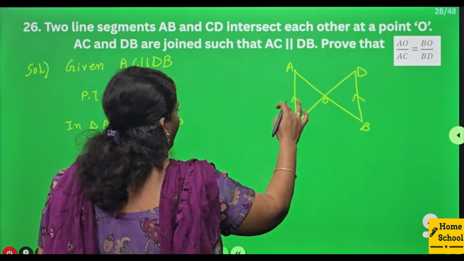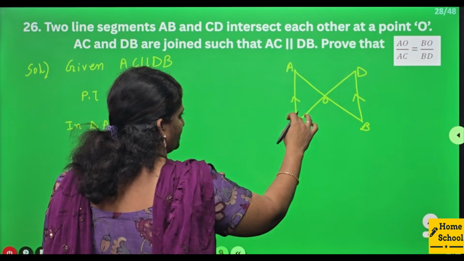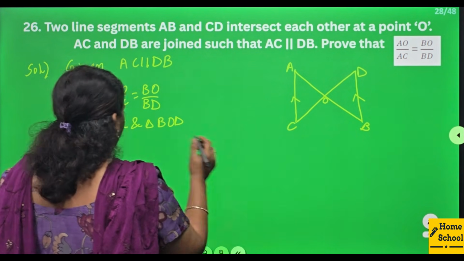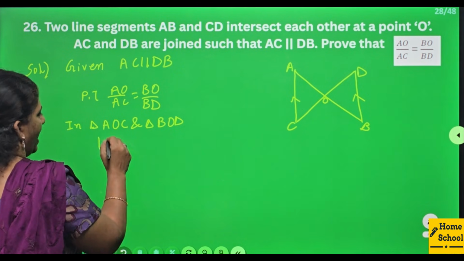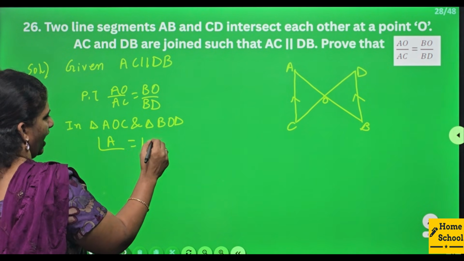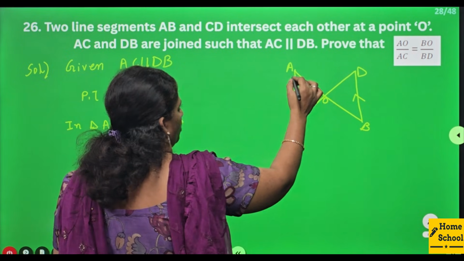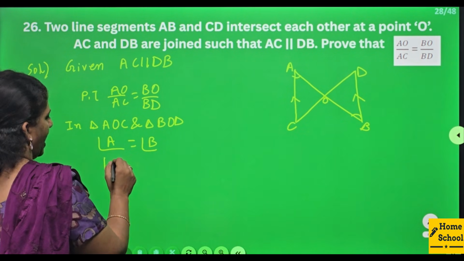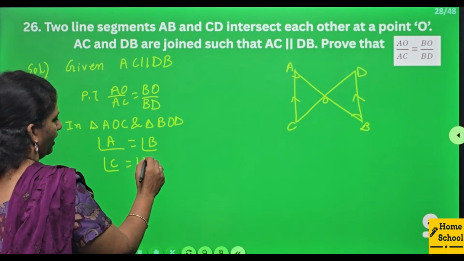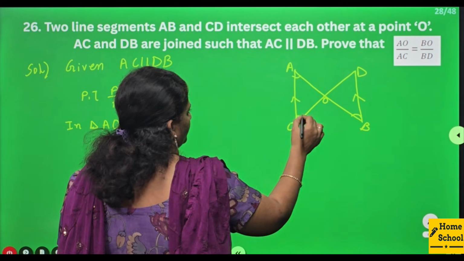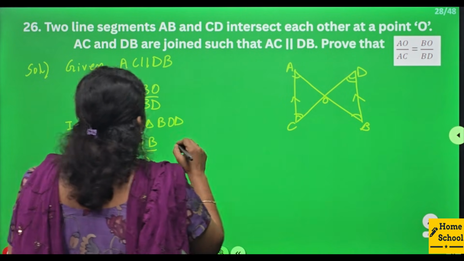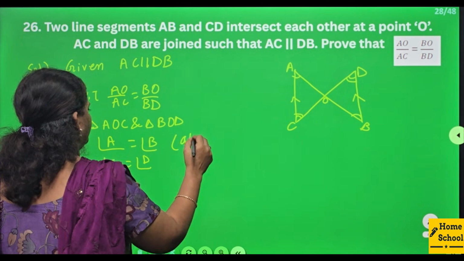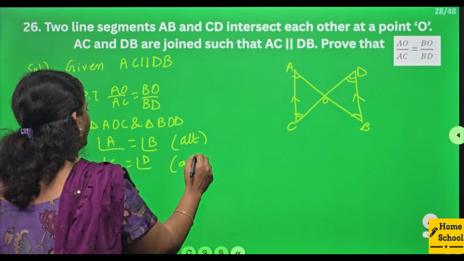In between the parallel lines, these act as a transversal, so alternate angles will be equal. That is, angle A is equal to angle B. This is alternate to this angle. And angle C is equal to angle D. This is also an alternate angle.